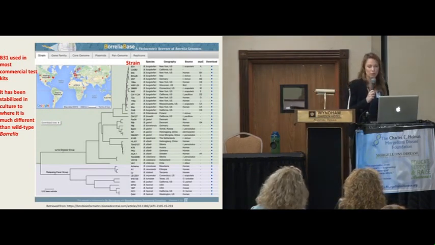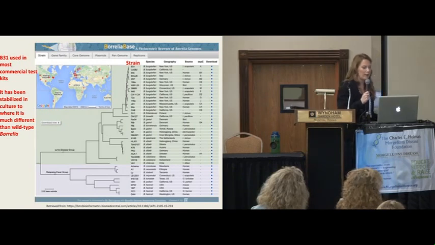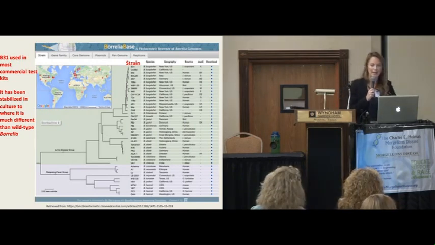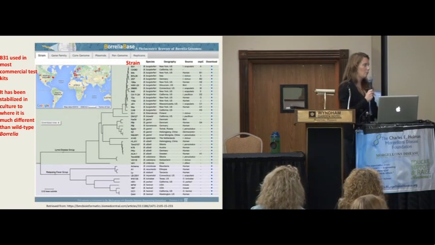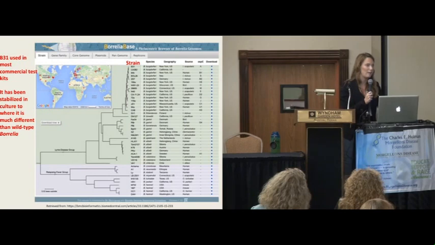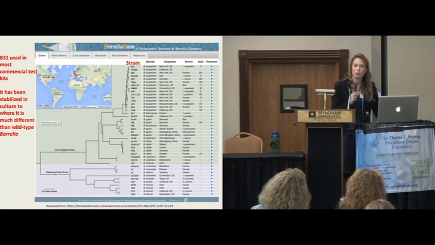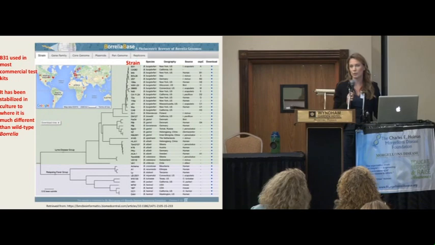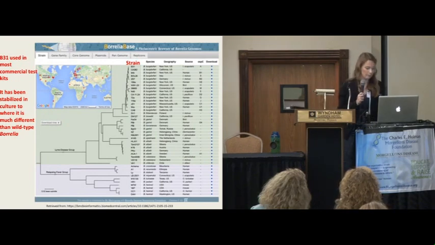So you can see there are a bunch of strains of Borrelia burgdorferi, and then going down into the relapsing fever group, we have Borrelia miyamotoi, Borrelia hermsii. Again, most commercial test kits only look at one strain, and there are over 300 strains of one species of Borrelia bacteria worldwide. So the odds of testing positive are very slim unless you're using a good laboratory that looks at multiple species and multiple strains of Borrelia.